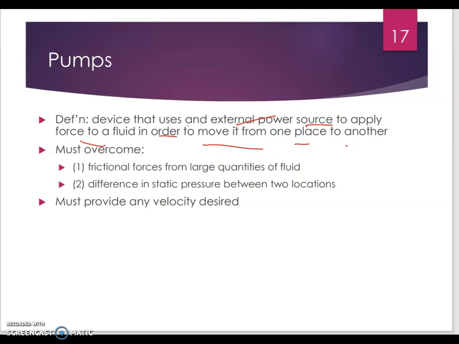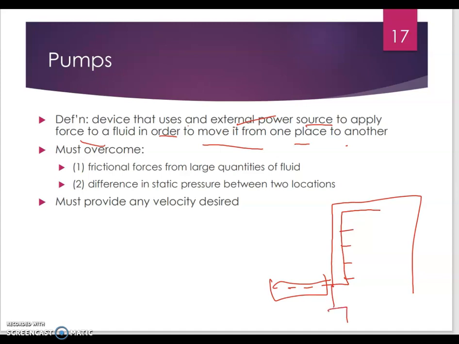So that's why I say we want to deliver air or water. We want to deliver chilled water, for example in an HVAC system, from one place to another, from the chiller plant room to the AHU system of the building. For example, also maybe you have one tank of water here. We want to make sure we can deliver the water to the building. So we have to use a pump to deliver the water from one tank to the entire building.